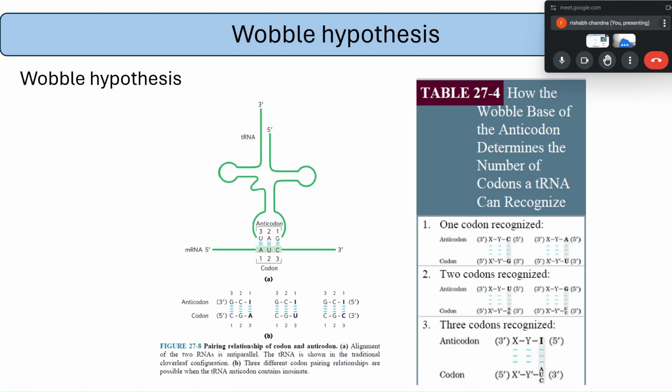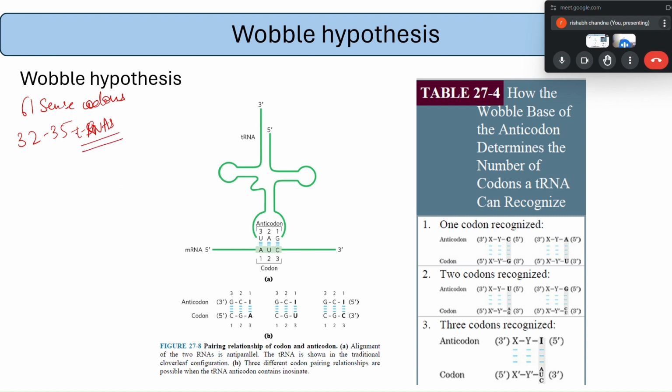Now, moving on, there is one important concept called the wobble hypothesis. So, how did this concept come? In total, we have 61 sense codons that code for an amino acid. Okay, there are nearly 32 to 35 tRNAs in a cell.